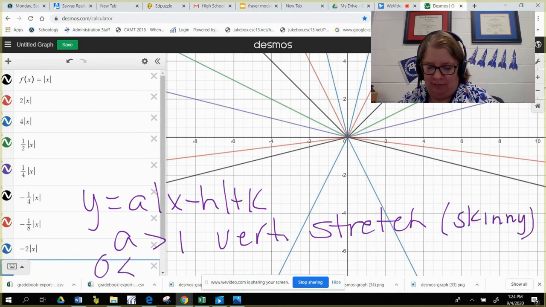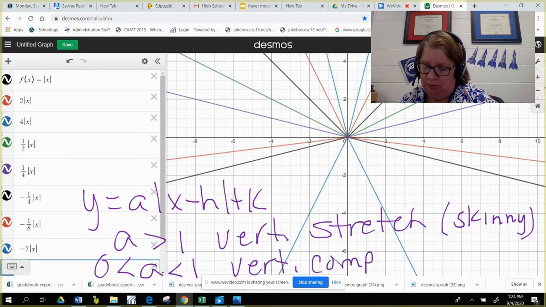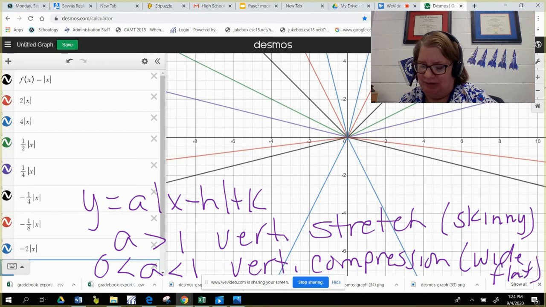Then you have the a between 0 and 1. What kind of numbers are between 0 and 1? Fractions. A fraction is between 0 and 1. That's called a vertical compression. It makes it wide or makes it flat. That fraction makes it flat.